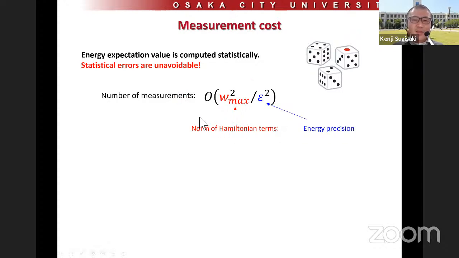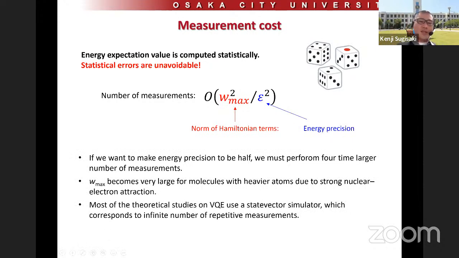So this equation includes the norm of the Hamiltonian terms and the energy precision. So it means if we want to make the energy precision half, we must perform 4 times larger number of measurements.